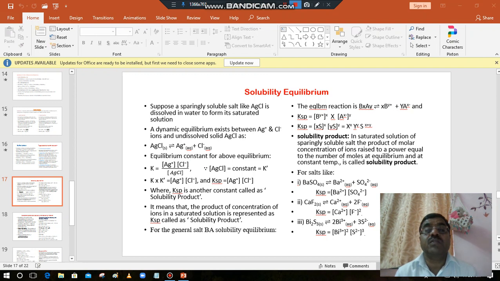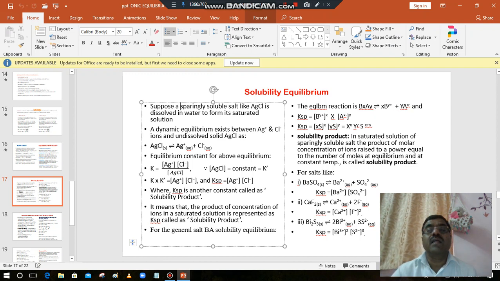For that purpose we have to consider a sparingly soluble salt like AgCl. When this AgCl is dissolved in water to form a saturated solution. What is a saturated solution?